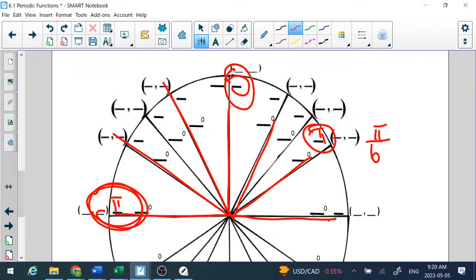Pi over 6. What will this one over here be? Isn't it the second slice? So what would you call that angle? Yeah. The first one was pi over 6. How many pi over 6s now?